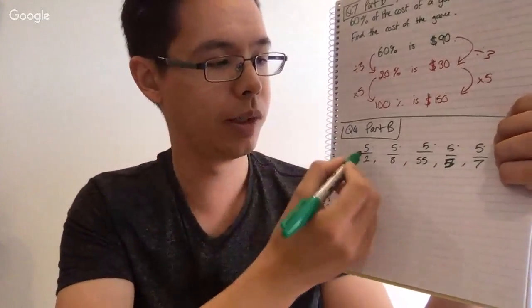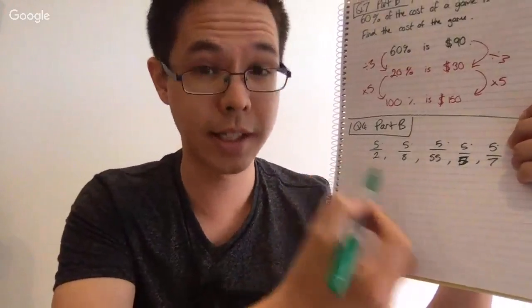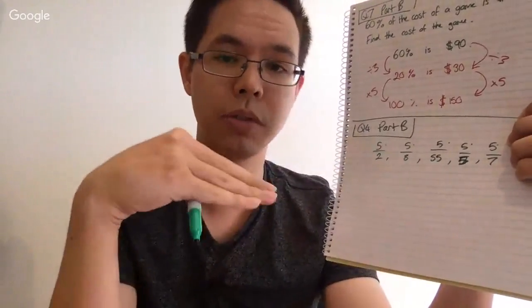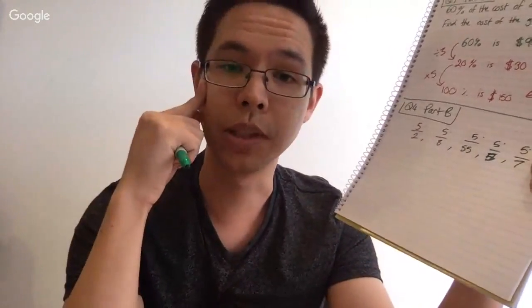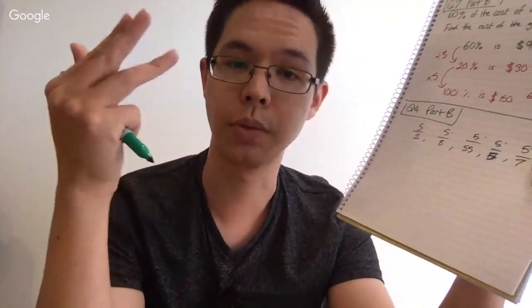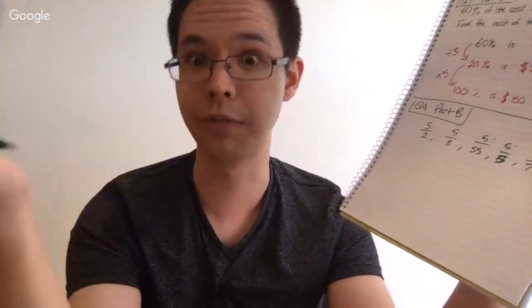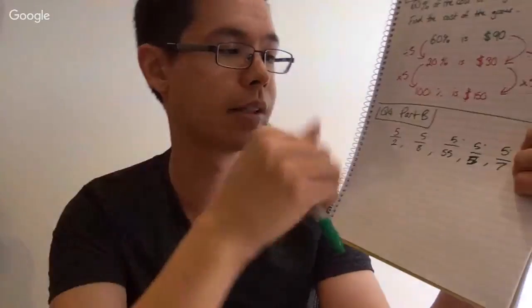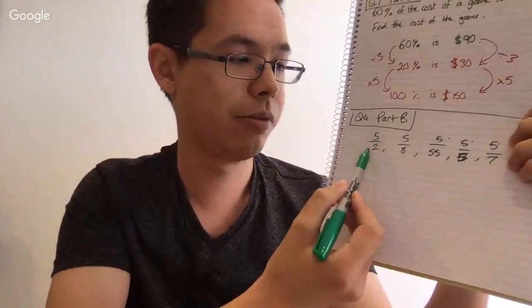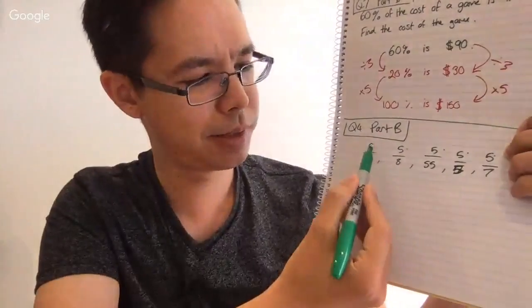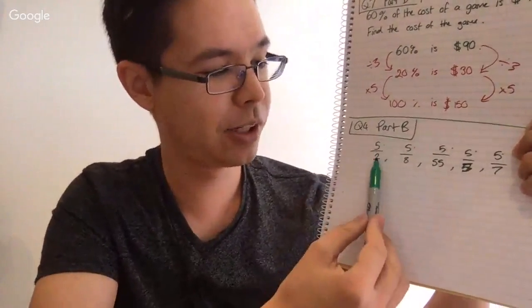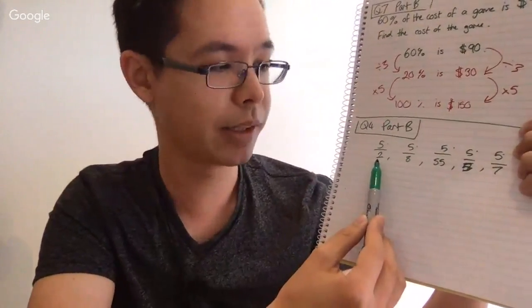So if we're going to do ascending order, we have to start from the smallest value and climb up to the highest value, just like if I did numbers, ascending would be 1, 2, 3, 4, 5, and so on, where 5 is obviously the largest number of that list. What is the largest value out of all these fractions? Well, 5 pieces shared amongst 2 people, I'll get a certain value.